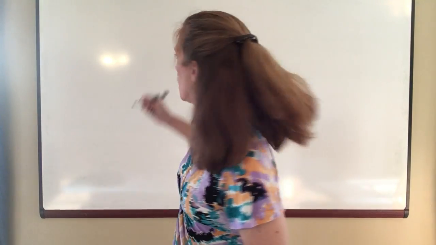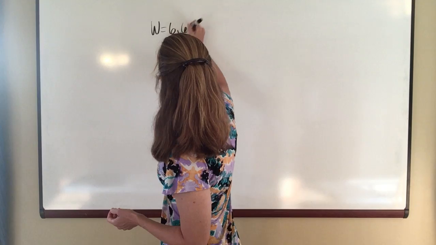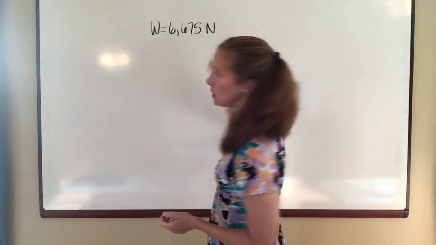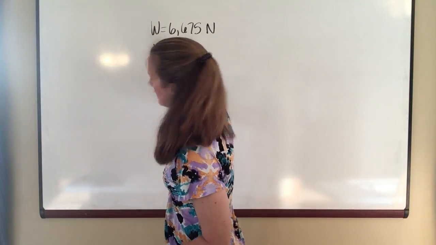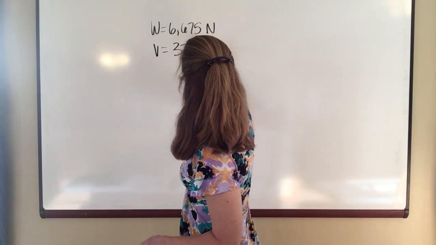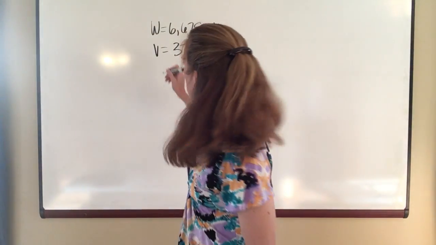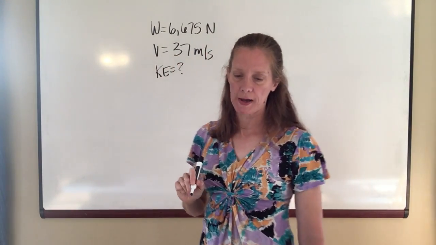So what I know is that the weight is 6,675 newtons, and I know that the velocity is 37 meters per second, and I'm asked what the kinetic energy is, okay?